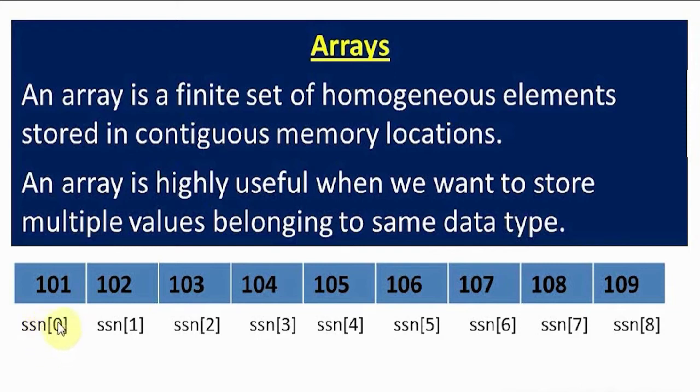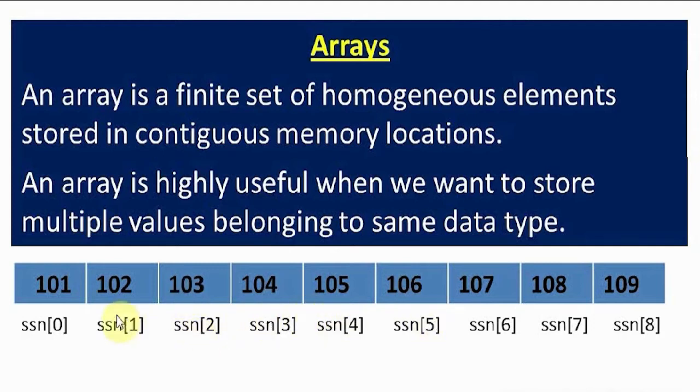When I write SSN[0], that refers to the first element of the array, that is the first value of the array. Now SSN[1] refers to the second element of the array. SSN[2] refers to the third element of the array, and so on.